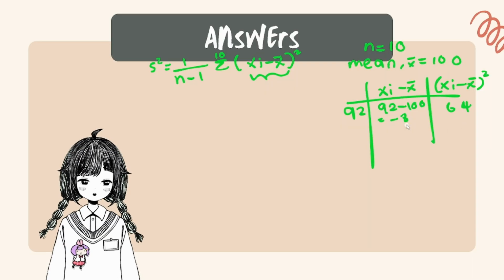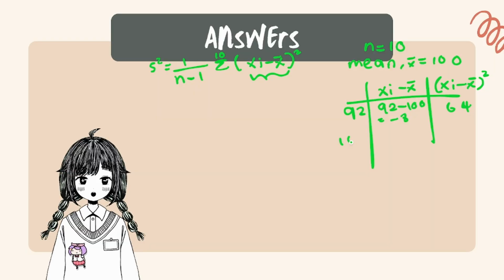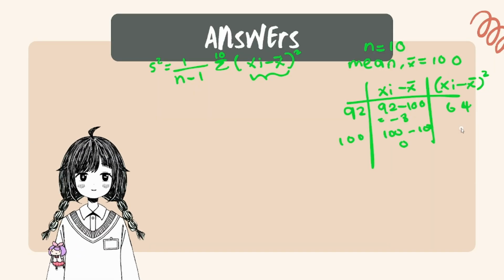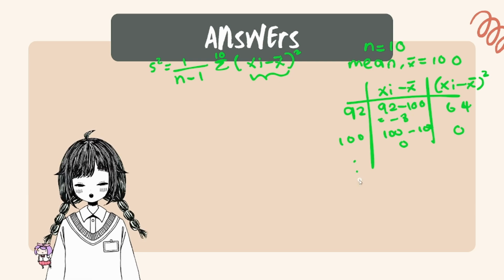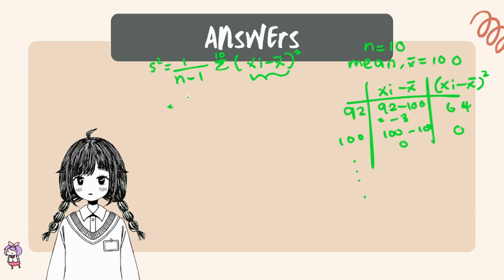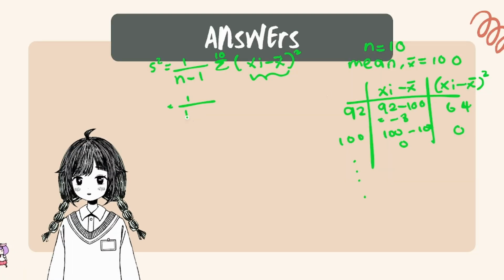Rinse and repeat for all 10 data points. So here, 100 minus 100 is 0, so it will be 0. And then for all 10 of them, I fill in the answers. So 1 divided by 10 minus 1.